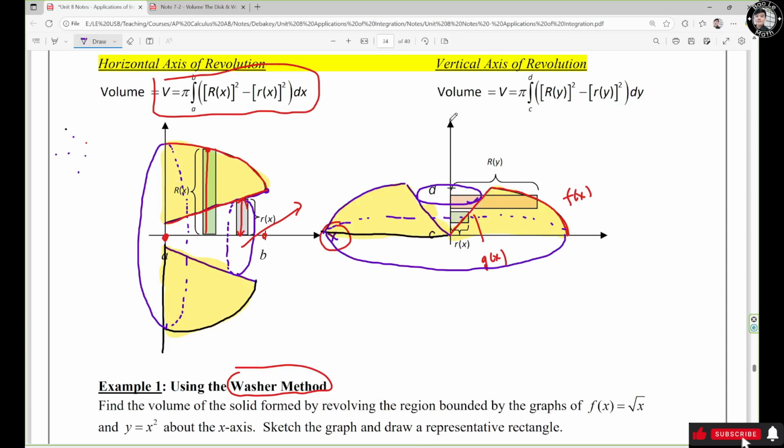The center of rotation is the y-axis right here, right? So the distance from the right function to the y-axis is the bigger radius, right? The distance from the left function to the y-axis is the inner radius, right? So it could be capital R in terms of y squared minus little r in terms of y squared dy, right? So you have the formula right here.